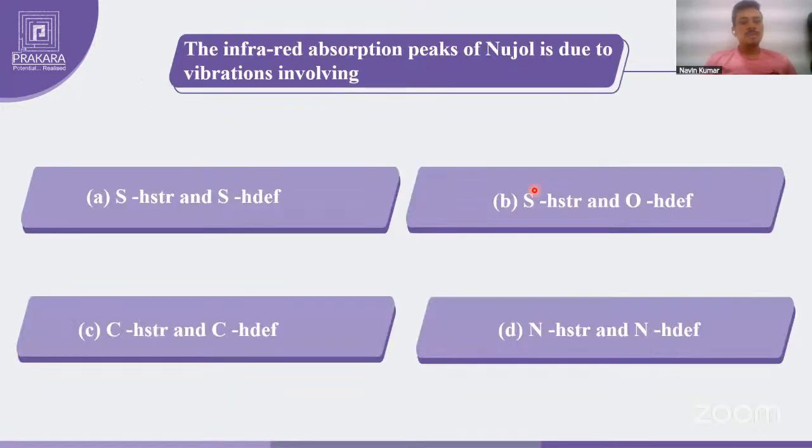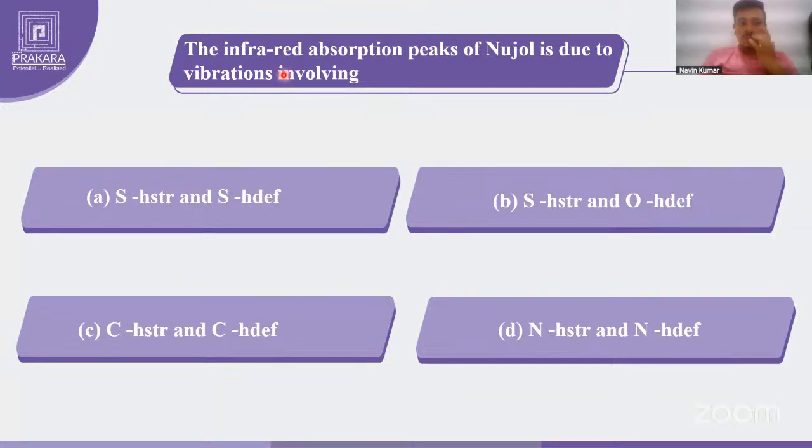Now moving to the next. The next question is related to infrared spectroscopy, and it's one of the most frequent questions in GPAT or NIPER. In the GPAT and NIPER examinations, this question used to appear frequently. The question is related to Nujol, and it's talking about IR spectroscopy.